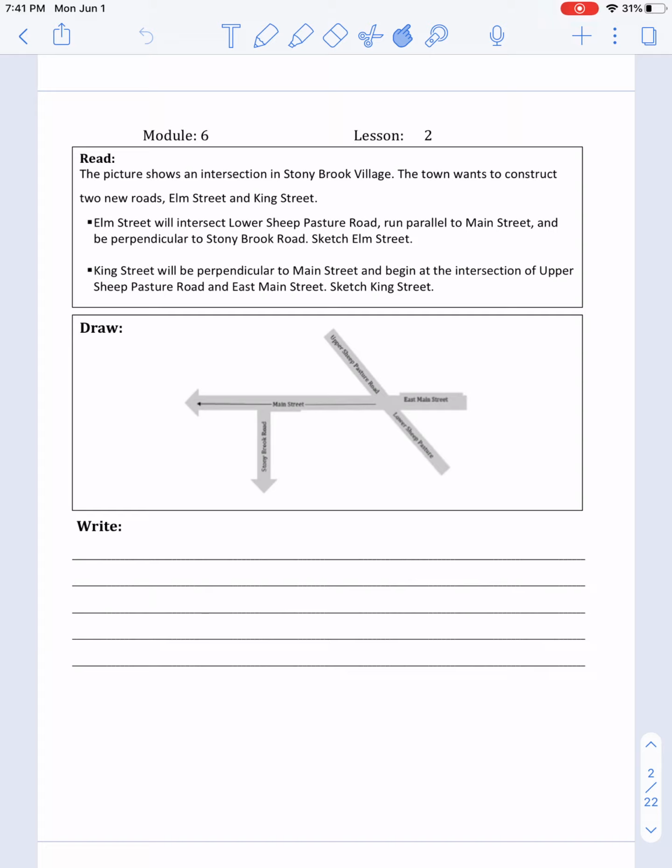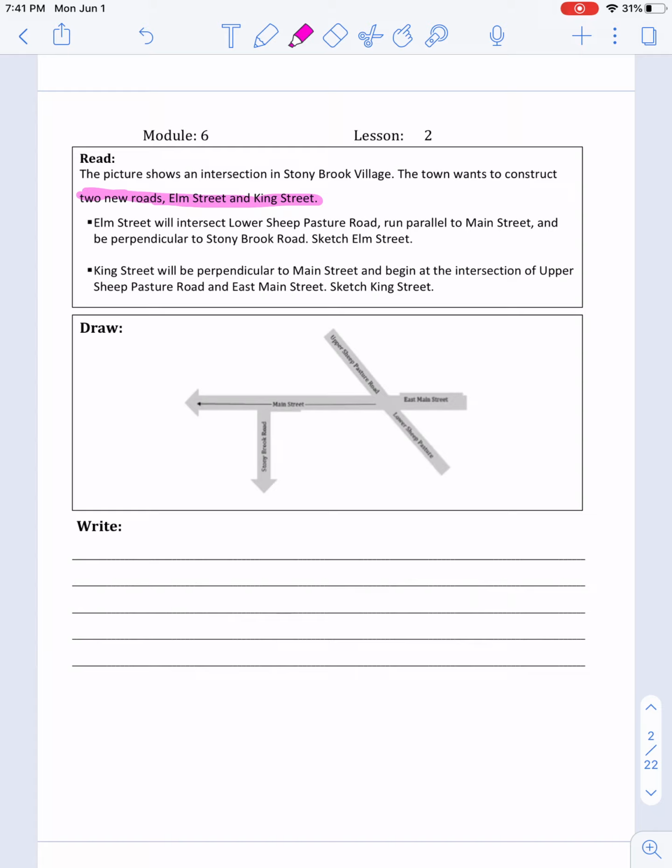The picture shows an intersection in Stony Brook Village. The town wants to construct 2 new roads, Elm Street and King Street. So I have 2 new roads, Elm Street and King Street. Okay, that to me is important. So here we go.